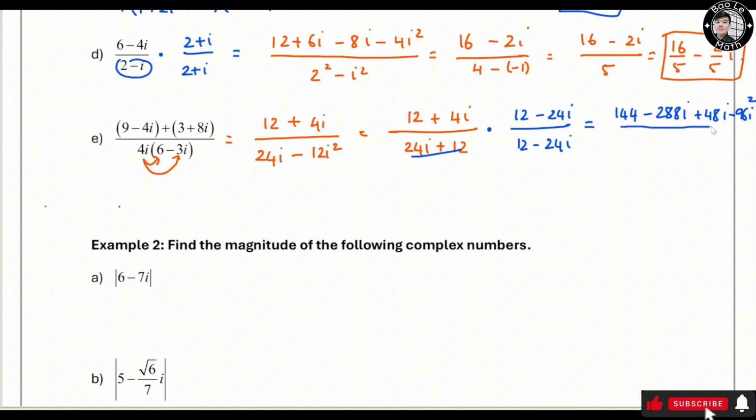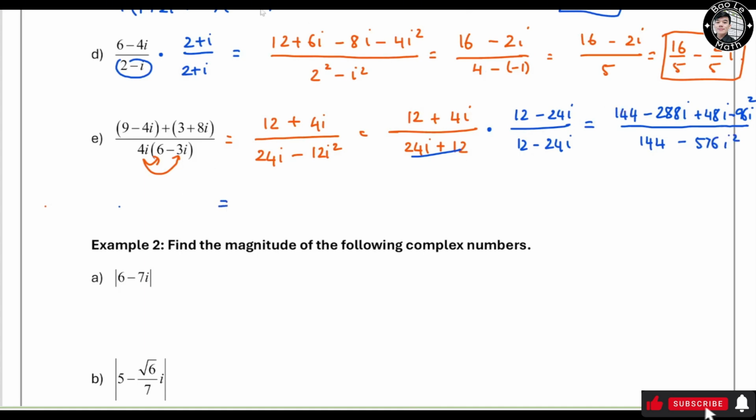Now the bottom becomes the difference of two squares, right? So 12 squared is going to be 144. Subtract 24i squared. It's going to be 576i squared, right?